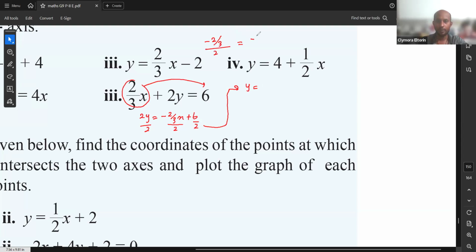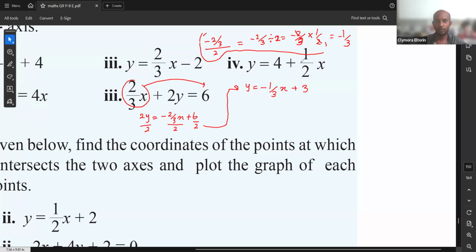Division means multiplying by the reciprocal. The reciprocal of 2 is 1 upon 2, and crossing the 2s, the answer is minus 1 upon 3. So you can write minus 1 upon 3x plus 3. This is the simplification for this part.